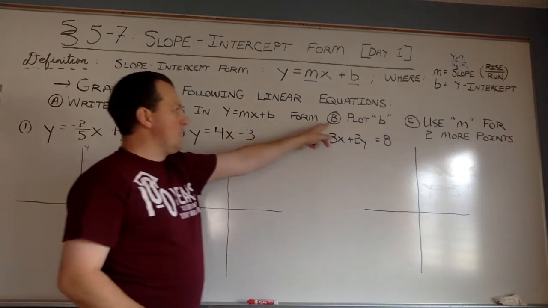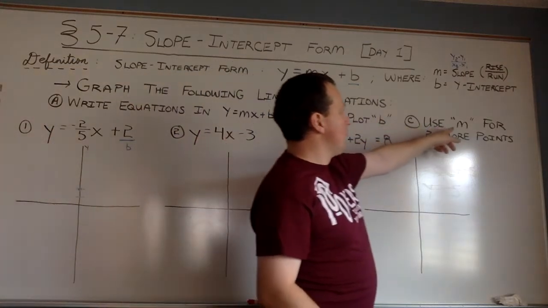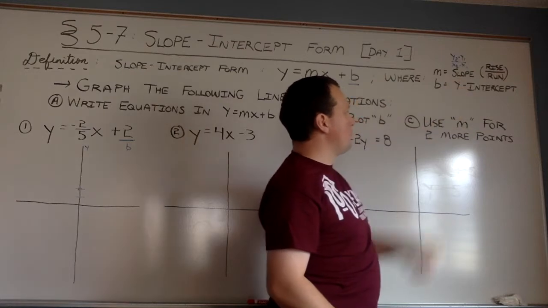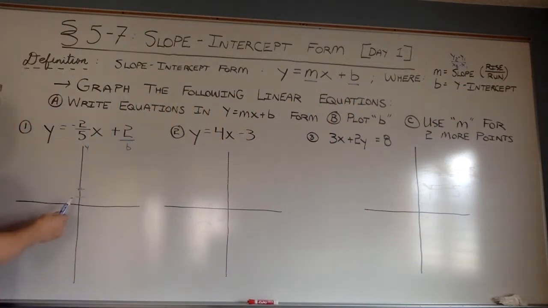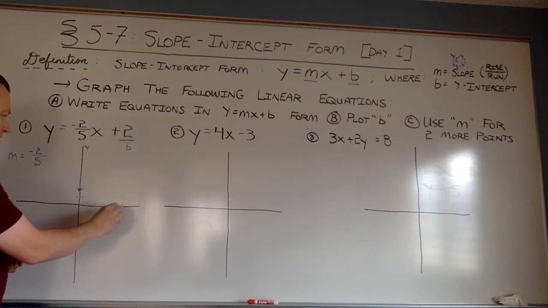Next, okay, after I plot point B, I'm going to use M, the slope, the rise over the run, for 2 more points on the line. So as I take a look here at my starting point of positive 2, the slope, M, is negative 2/5. So I'm going to rise negative 2, so that means I'm going to go down 1, down 2, and then run 5. 1, 2, 3, 4, 5 to the right.